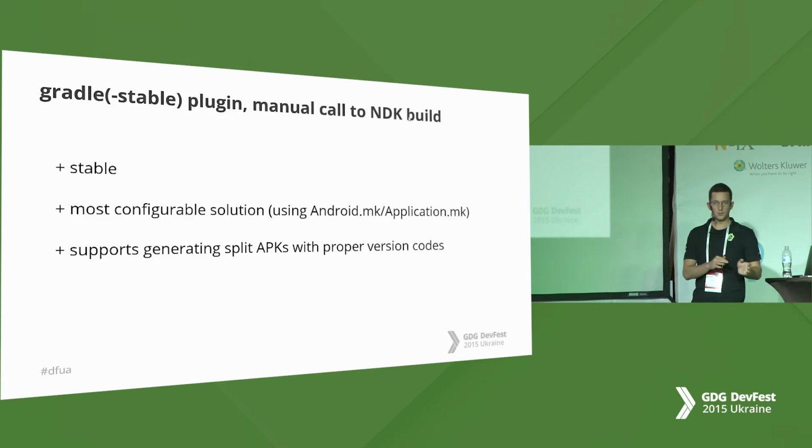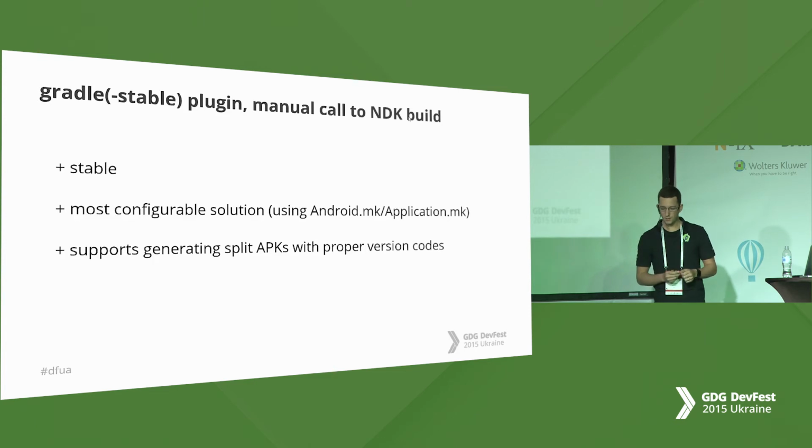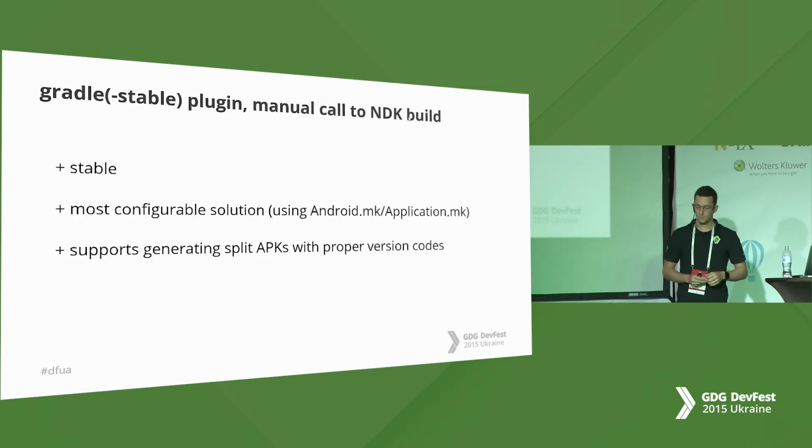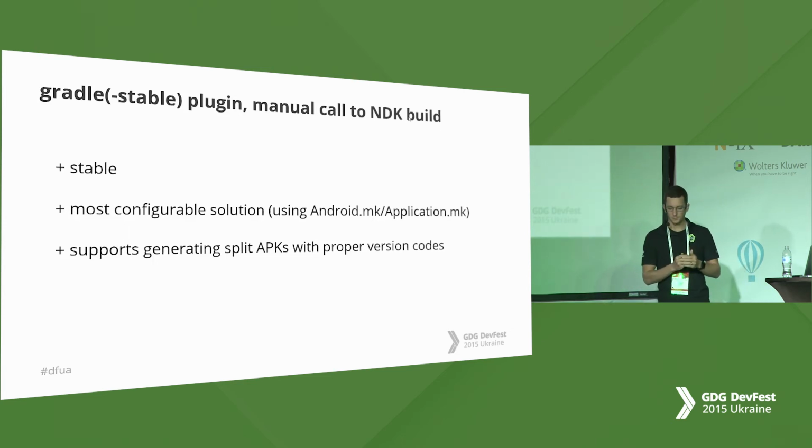Also, if you need to split your APKs and have one APK per CPU architecture, for example, to save on space, you want to have an ARM APK, an x86 APK, a 64-bit APK, and so on. You can easily tune the version code from your build.gradle file.